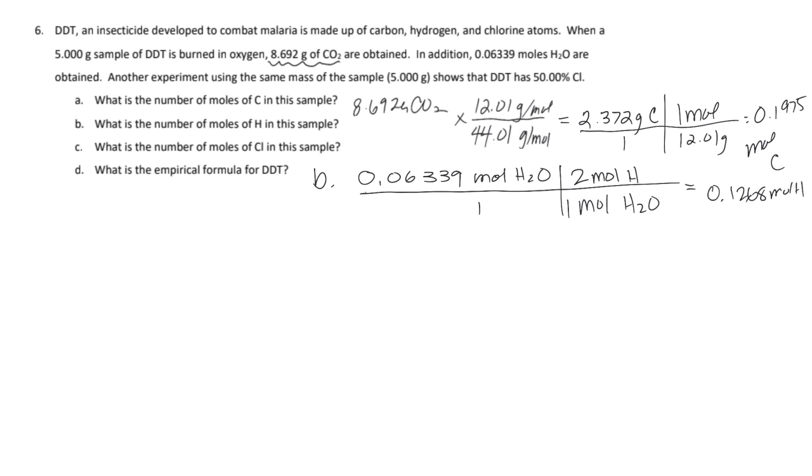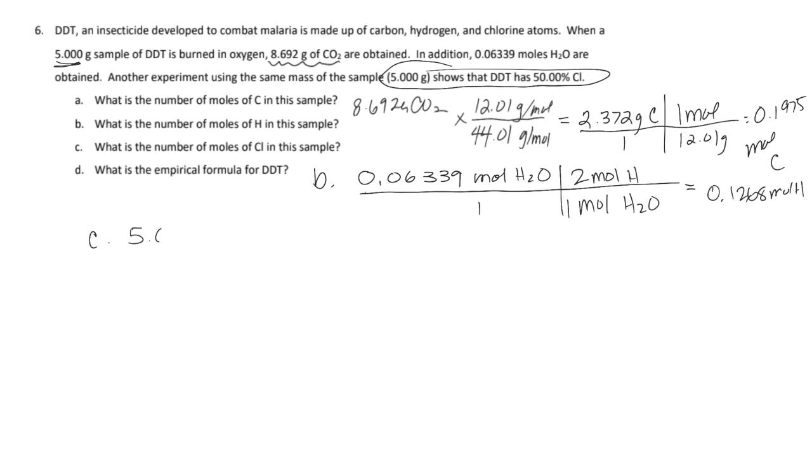moles of hydrogen. All right, C, we want moles of chlorine. Well, it tells us up here that both of these started with 5 grams, and 50% of that sample is chlorine by mass.